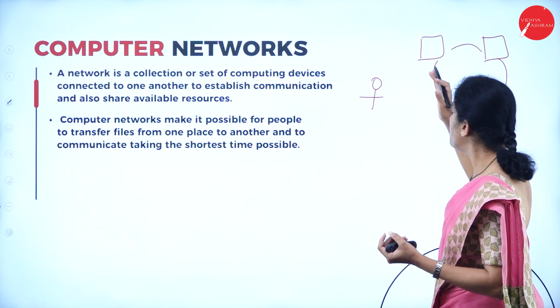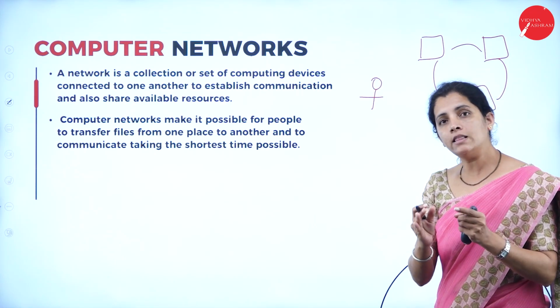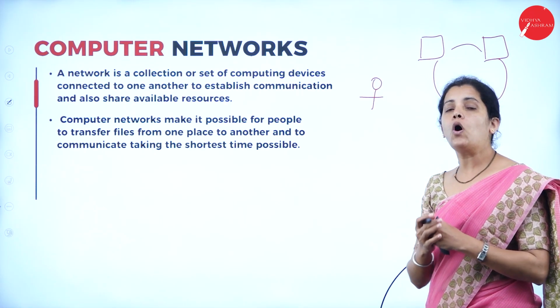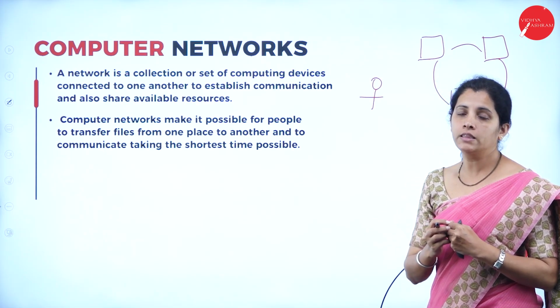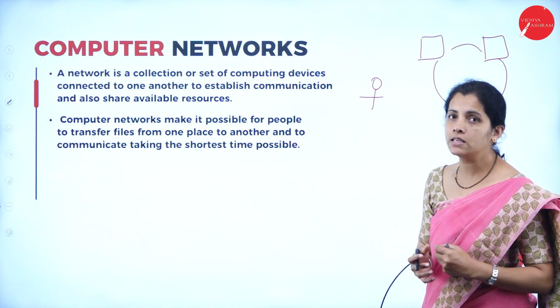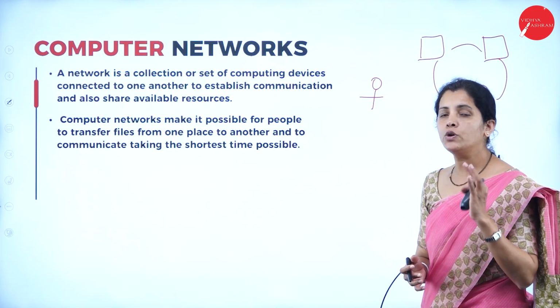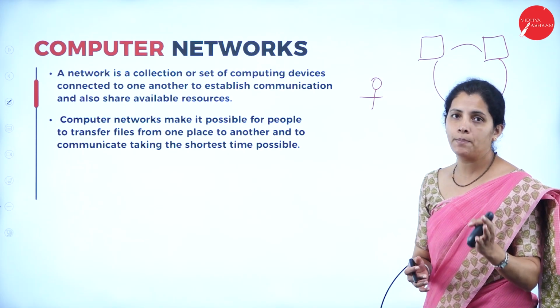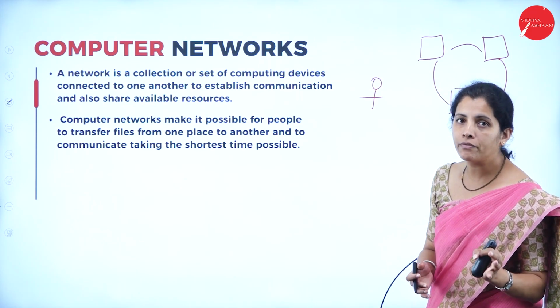I want to make a connection or a path, either wired or wireless. If I use a wired connection, then I can have twisted pair cable, coaxial cable or fiber optics. Suppose if I use wireless, then it may be microwave, radio wave or infrared.